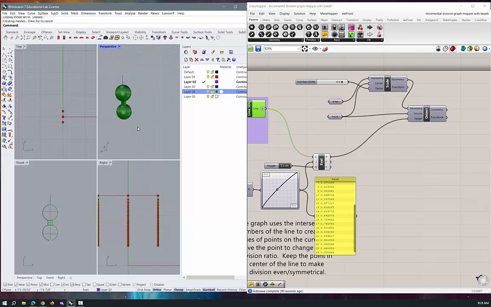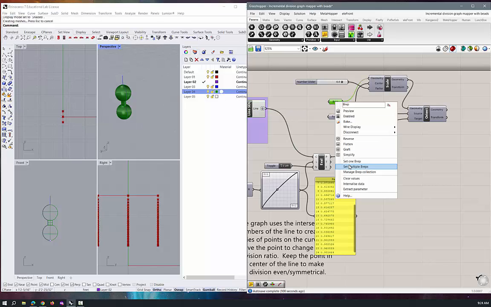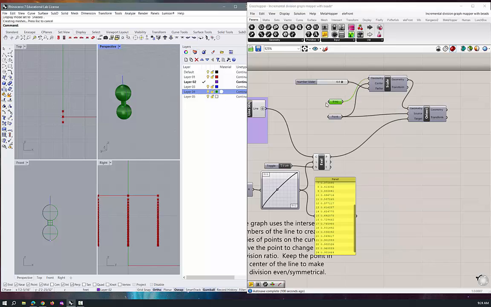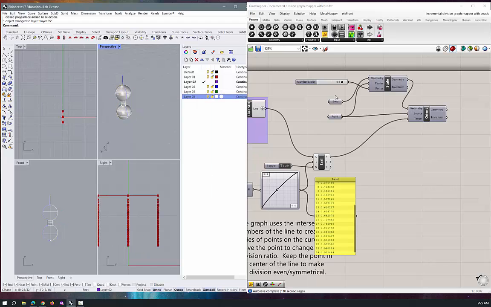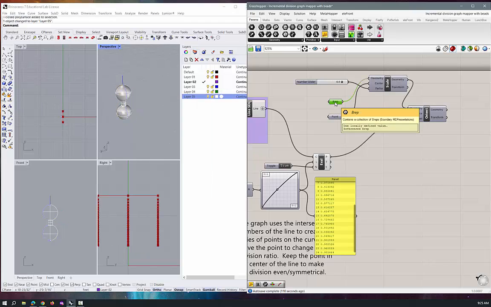I made this little bead looking thing. I don't know if that's what you're going to use, but I made it. And so what I did with that is I set the one B rep and I picked that guy. So now that guy is this guy, right? And maybe I can set this to a different color so it's not green, right? So when I pick it, you'll see that B rep is containered in there.